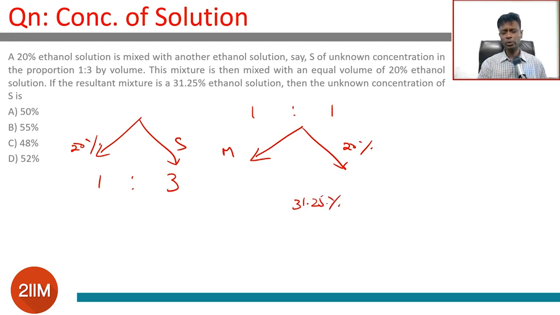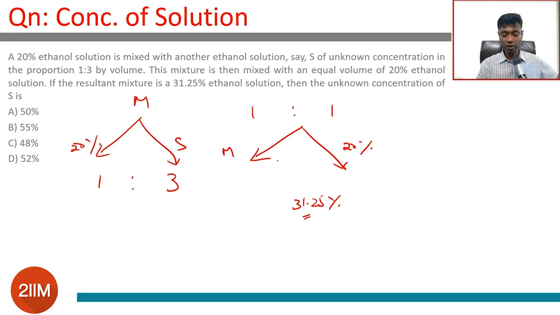Fine. So wonderful question, because some amount of mathematical intuition is very useful in this. This mixture which is formed is mixed in equal ratio to get 31.25. So think about this. Forget about this first part. Deal only with this. Mixture and this are mixed to get 31.25. They are mixed in equal quantity. 31.25 is 11.25 more than this.